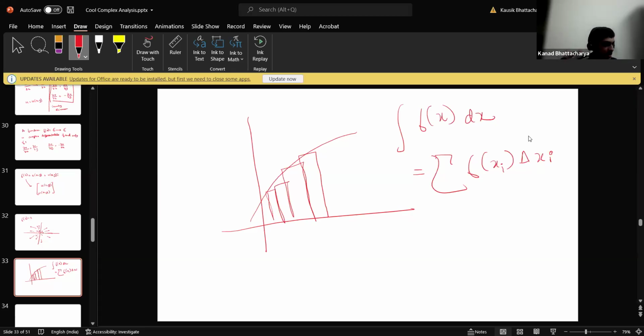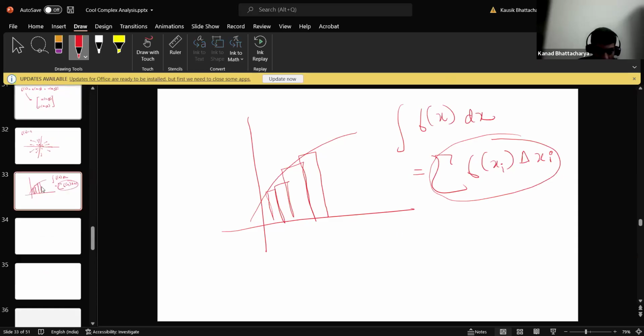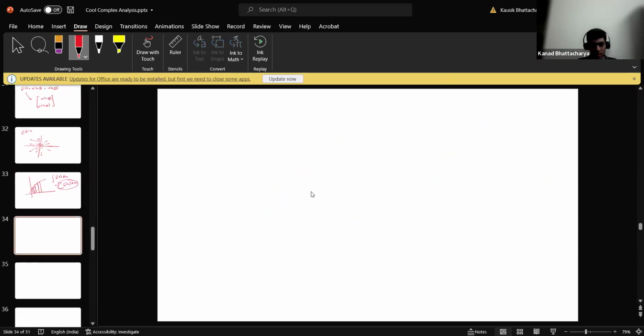But in the case of complex variable functions, we can't exactly do that because we can't visualize these functions. We would have to visualize them in 4D. So we're going to try to work it out differently.